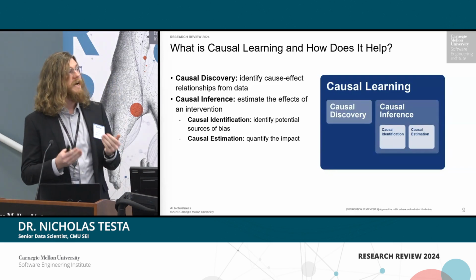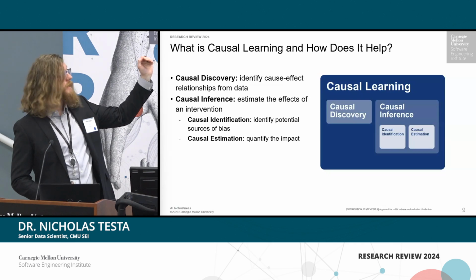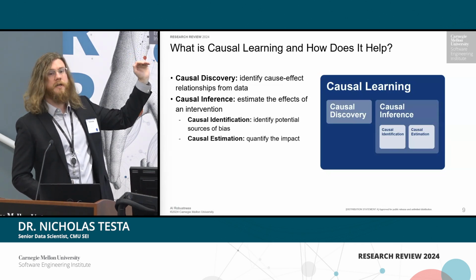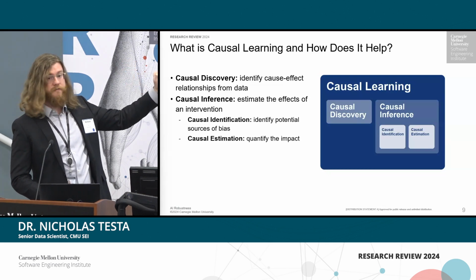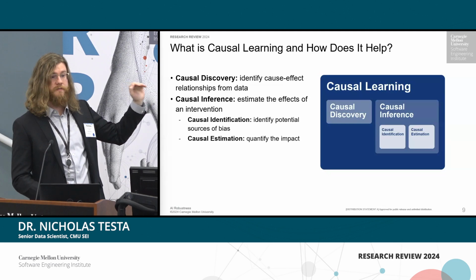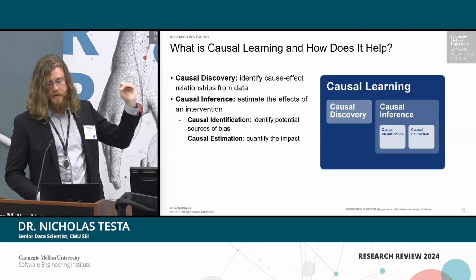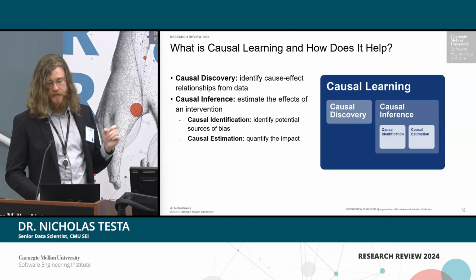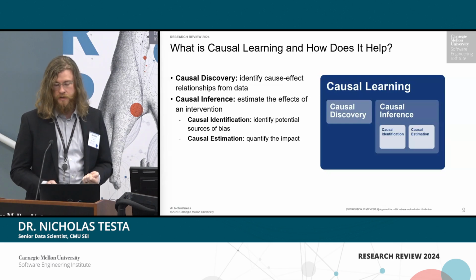What makes our tool unique is that we can start with the data and build out a causal graph with causal discovery, identify potential sources of bias, and estimate the effect with the bias removed. Our tool allows you to calculate the what-if scenario of what if we were to remove all the effects of bias from the model.